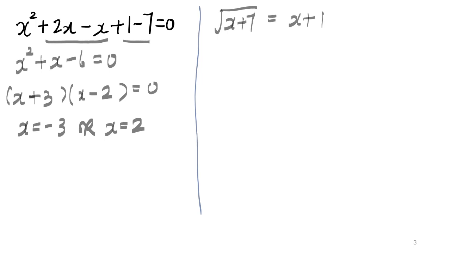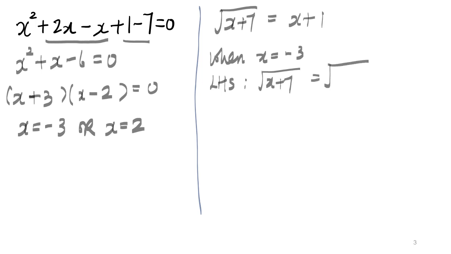Alright, so let's try when x is equal to negative 3. Let's start with your left hand side. Left hand side meaning square root of x plus 7. So you substitute negative 3 inside. You would get square root of 4, that gives you 2.